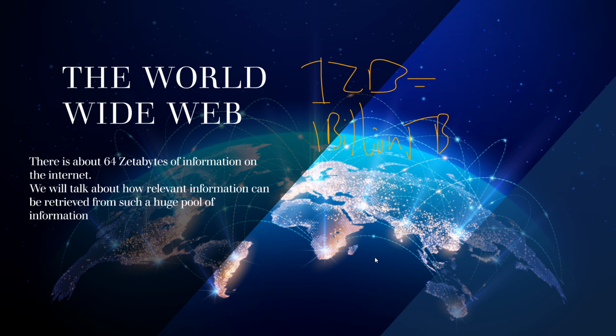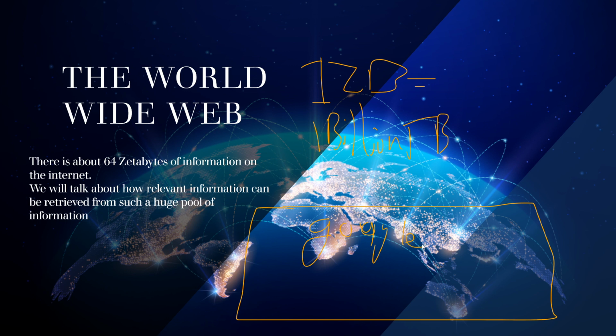When we think about this huge amount of information on the internet, we begin to wonder, how do search engines like Google work? When you search for something in Google, Google retrieves only the information that is relevant for your search.